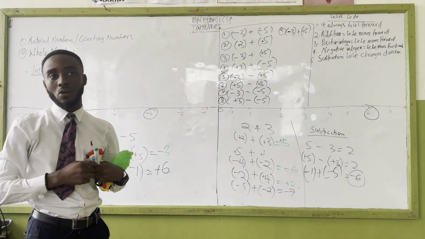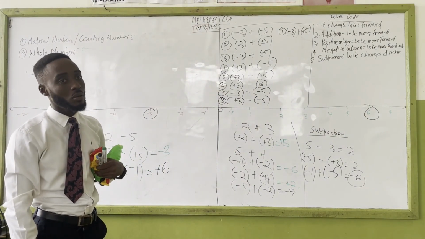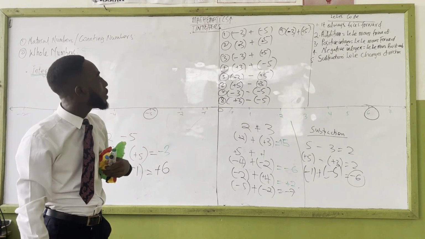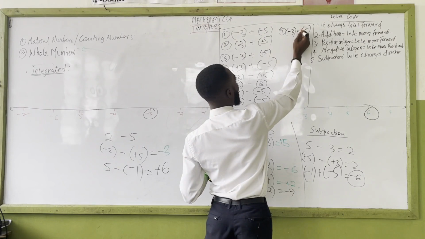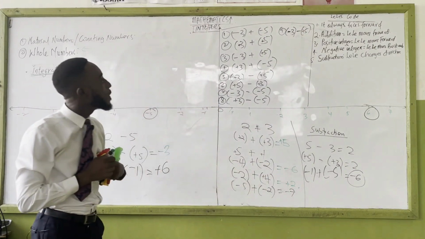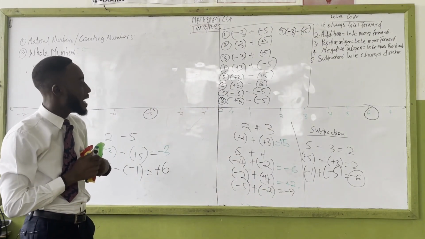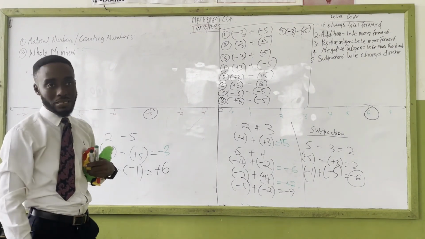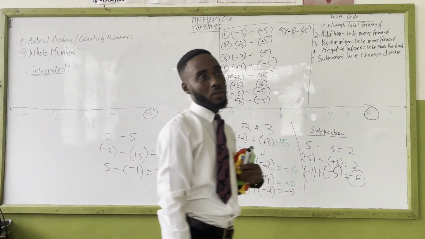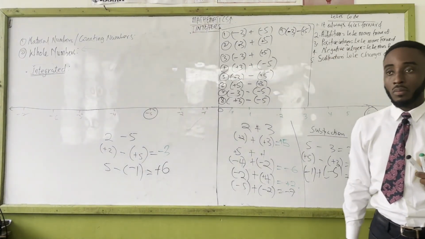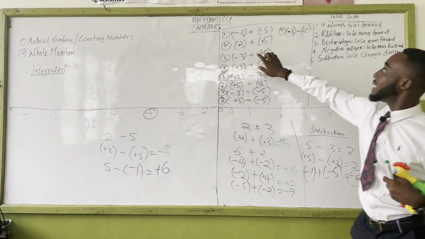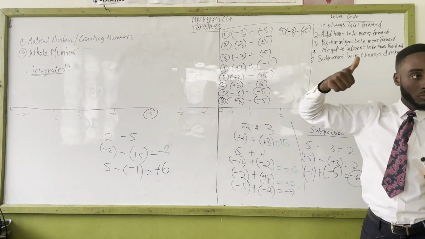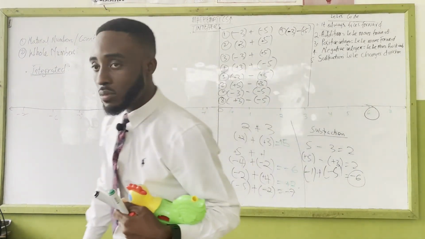So let's write these down. Negative 3 minus positive 5, rather. I think that's it. All right, let's take these to the house and work on them. They are different, plus, minus. All right, thank you.